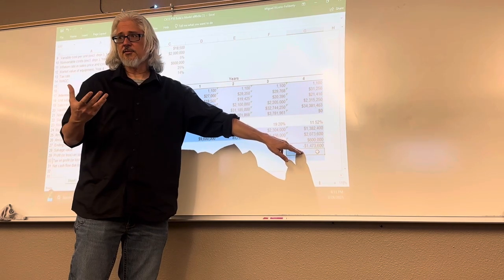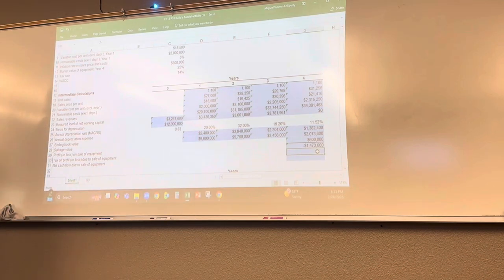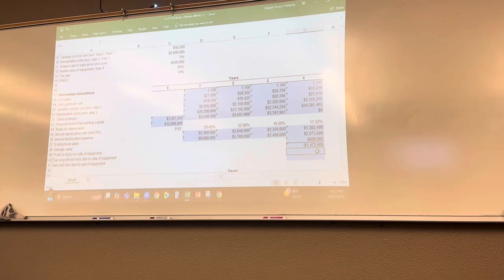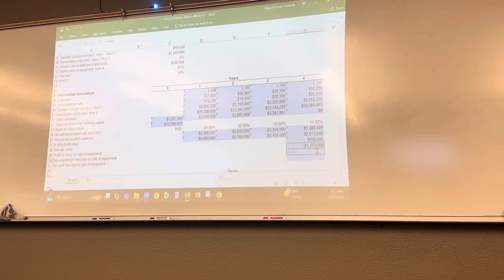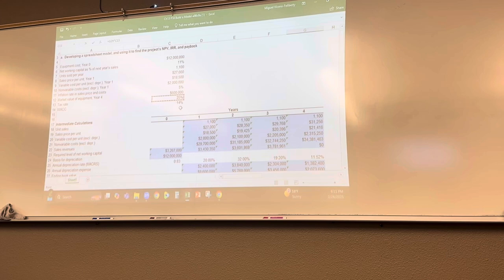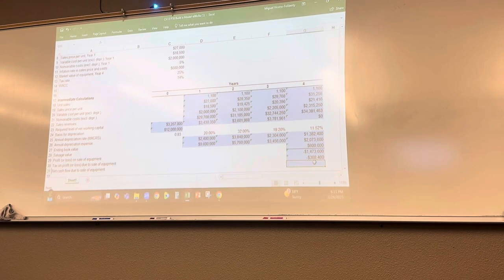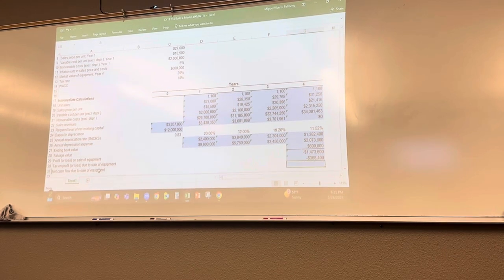All I'm collecting is the 600,000 plus whatever tax expenses I save. So the tax on the profit or loss is this times my tax rate of 25%. And my net cash flow due to the sale of the equipment is the 600,000 minus my tax expense, but in this case it's a negative number.